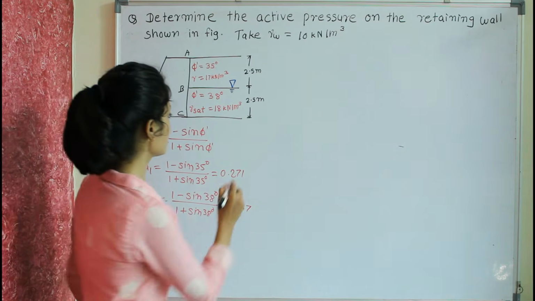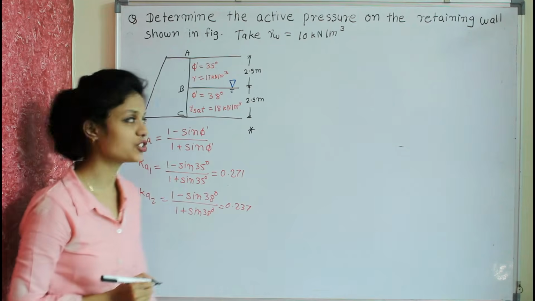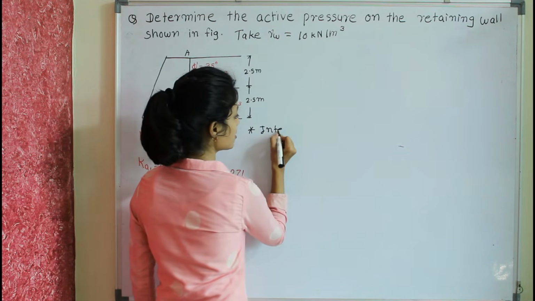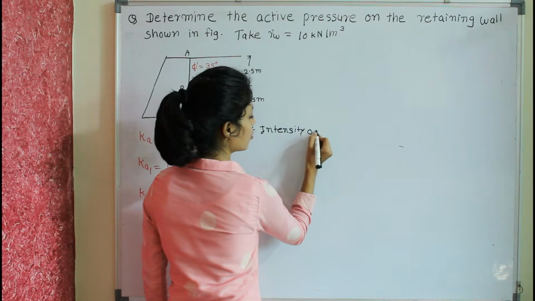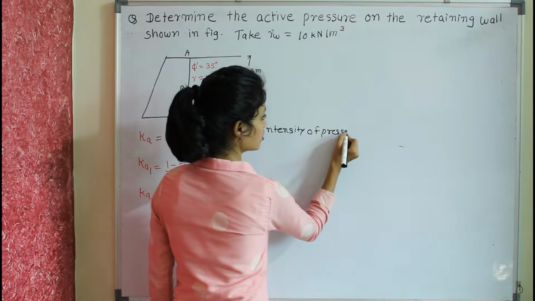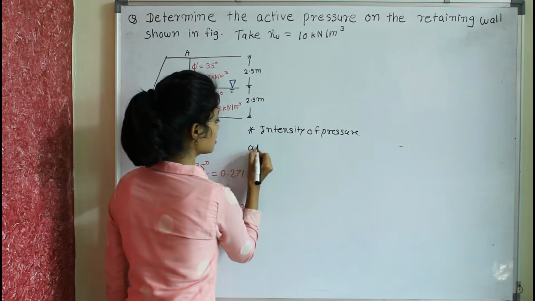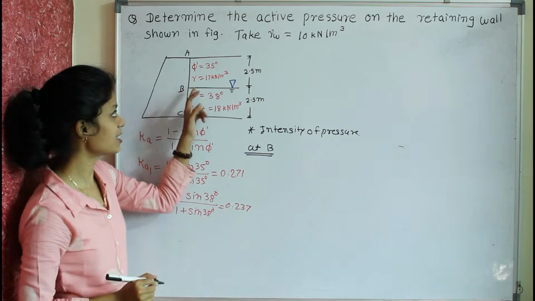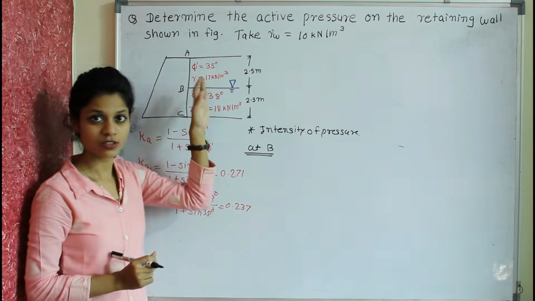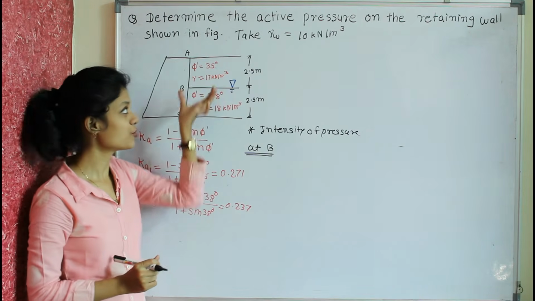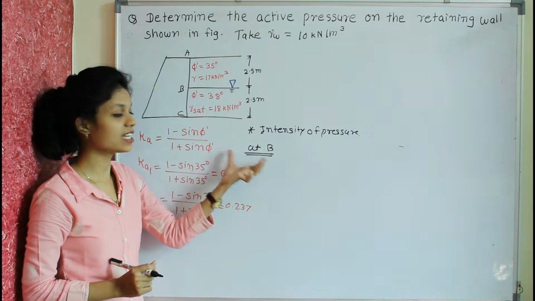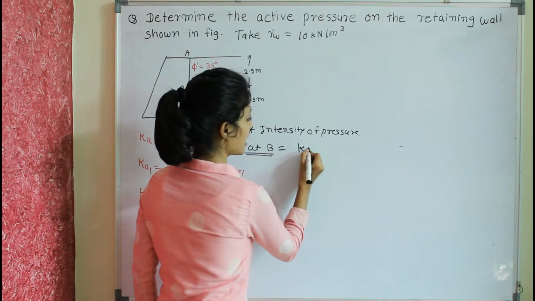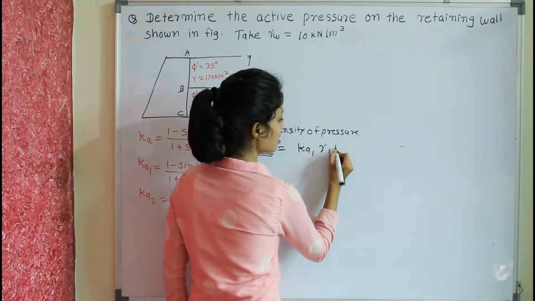Okay. Now, next, calculate intensity of pressures at different layers. Intensity of pressure at layer B. First, at layer B, due to the unit weight of this soil, pressure intensity at B equal to Ka1 gamma 1 H1.